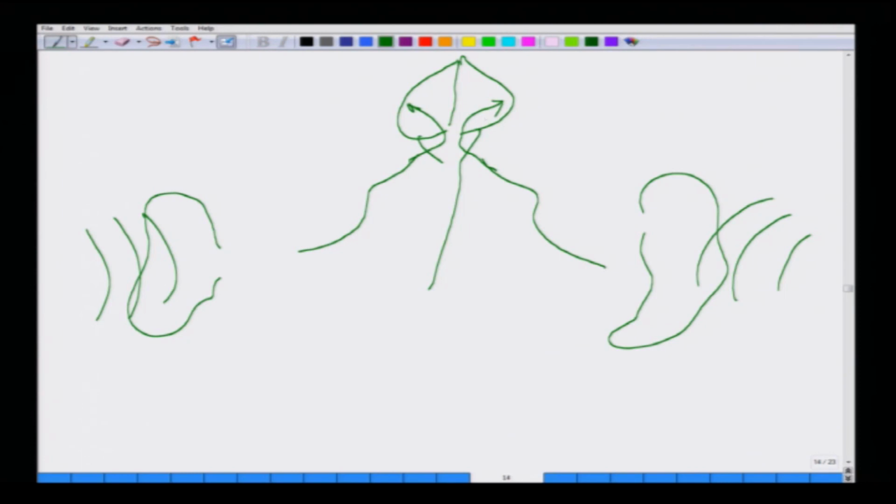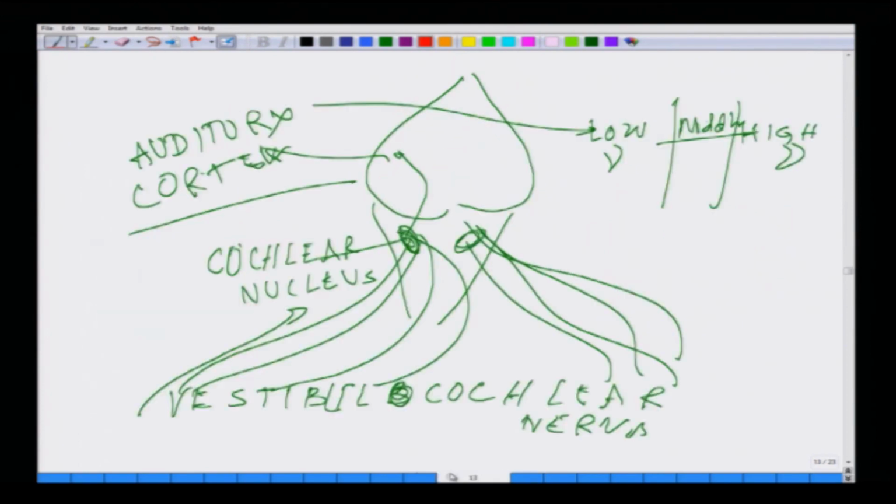So, one of the options is that you replace this ear with, say, a mic, and you interface electrodes to the vestibulocochlear nerves, which I just talked about in the previous slide.